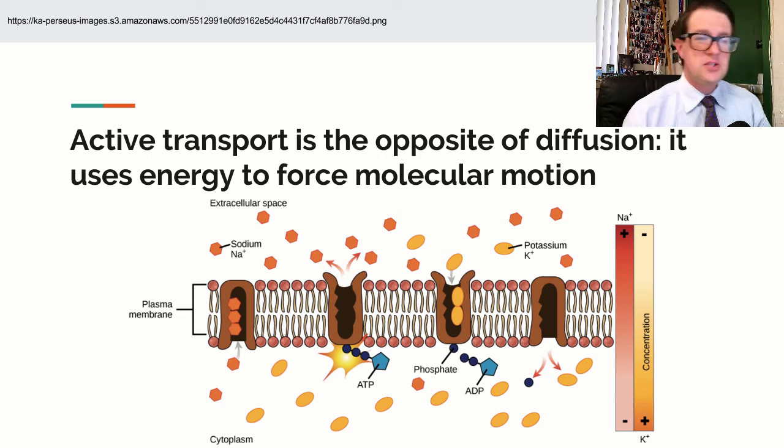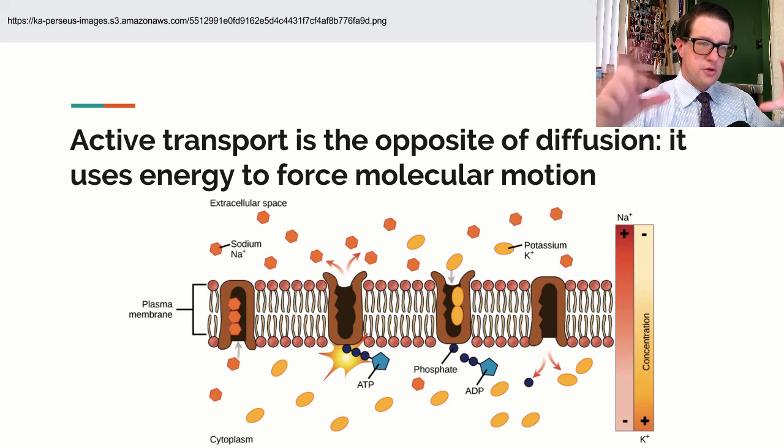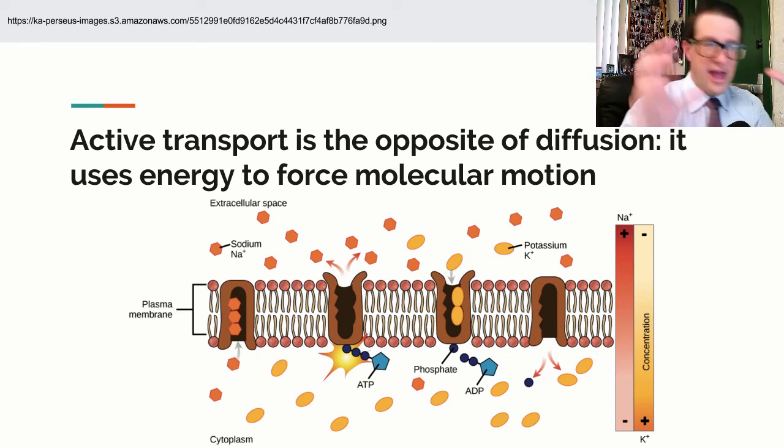The result is we increase concentrations of sodium and potassium or hydrogen or chloride or glucose or whatever into certain parts. It's a way of ensuring that if you need sodium outside of cells and you don't need it inside of your cells, you always have it outside of your cells. It's a part of using the membrane to keep the internal environment of the cell as it's supposed to be.